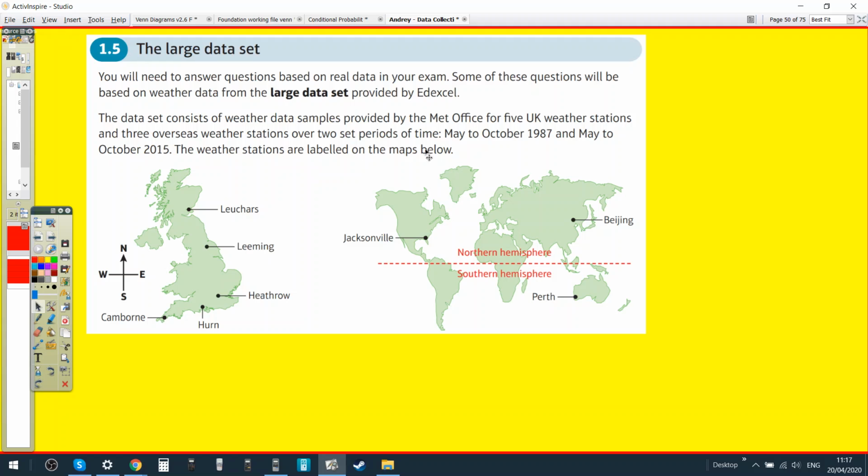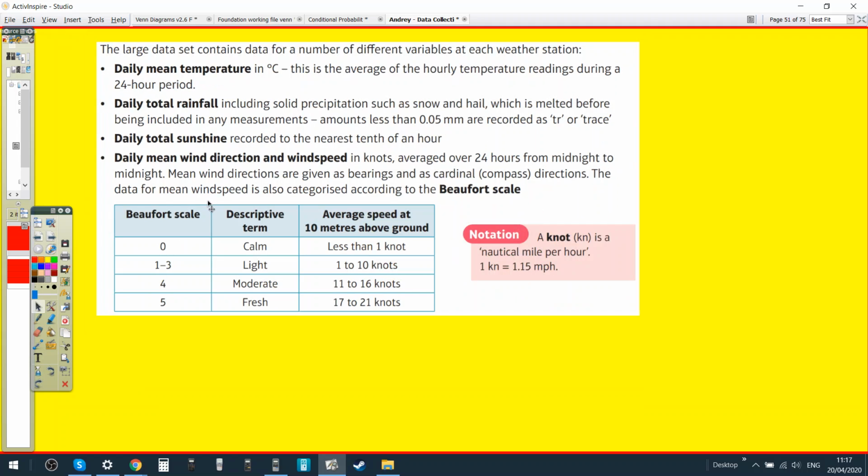Collected by the Met Office for several years, and this is just something that you'd have to go through. Daily total rainfall, daily total sunshine, and there's certain things to take into account, like mean temperature. You kind of know where the mean comes from, and you'd have to be aware of that.